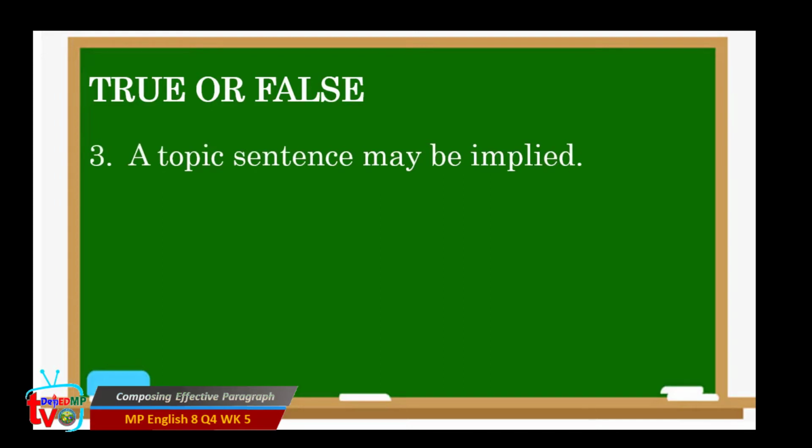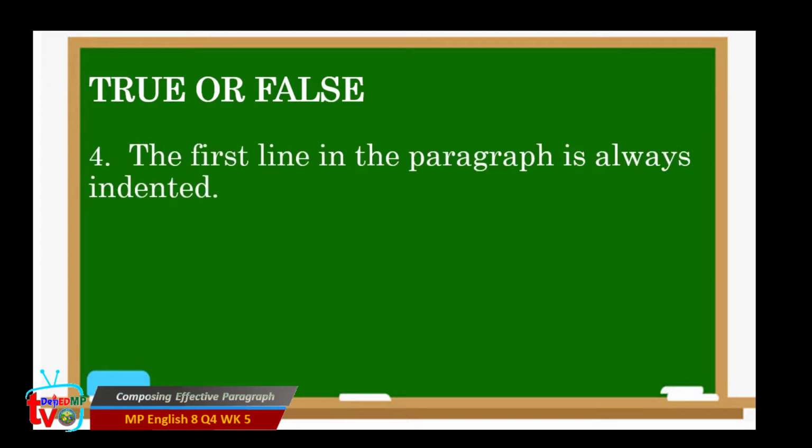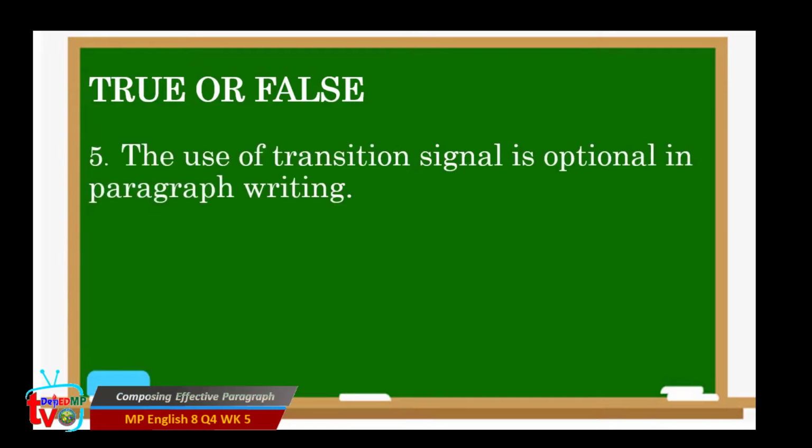A topic sentence may be implied. Number 4. The first line in the paragraph is always indented. Number 5. The use of transition signal is optional in paragraph writing.